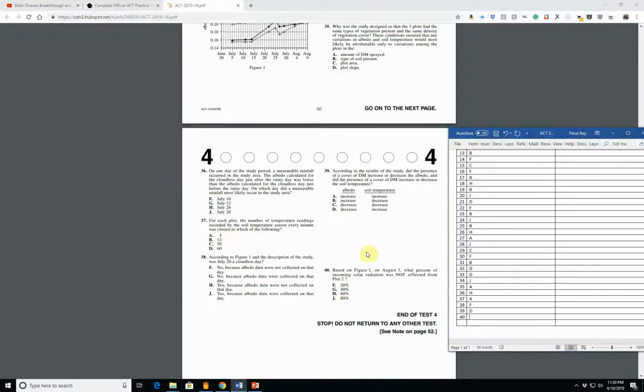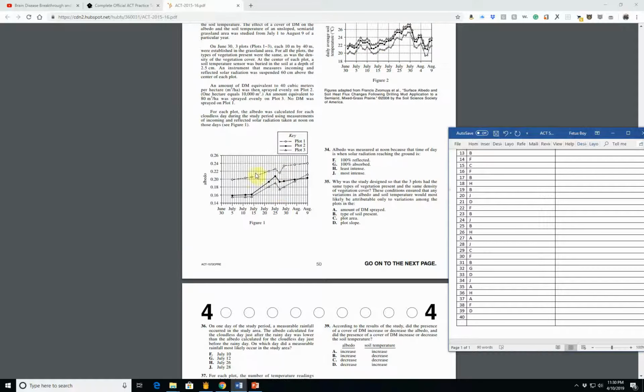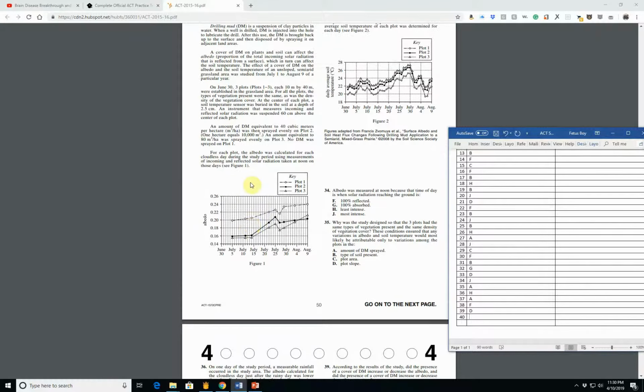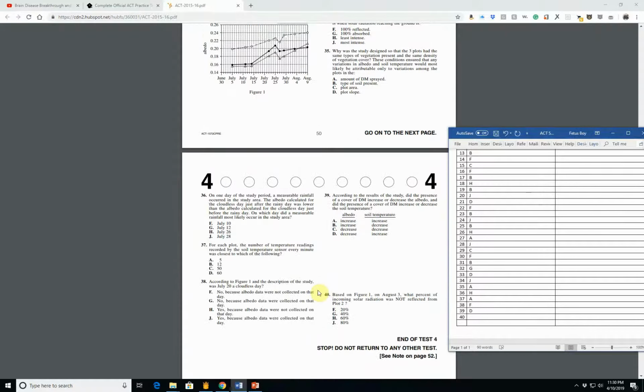And 40. Based on figure 1 on August 3, what percent of incoming solar radiation was not reflected from plot 2? I don't know. What percentage was not? Proportion, okay. So what day was it again?